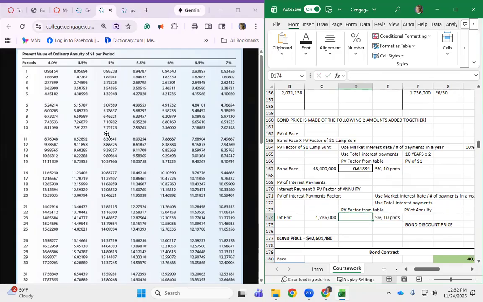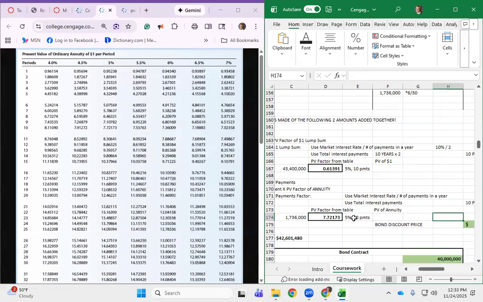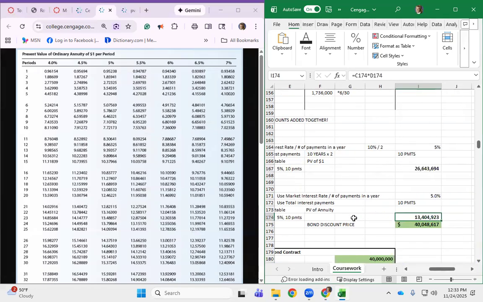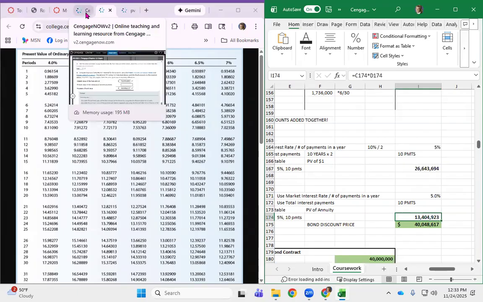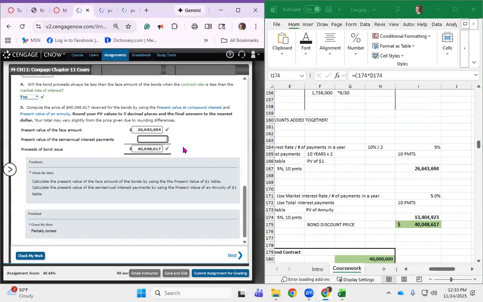So 5%, 10 payments is 7.72173. Now I'm going to take that times my interest payment, and I get 13,404,923. Now I'm going to put this in Cengage.